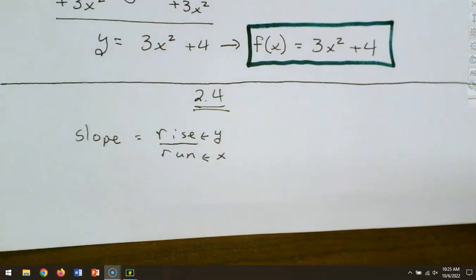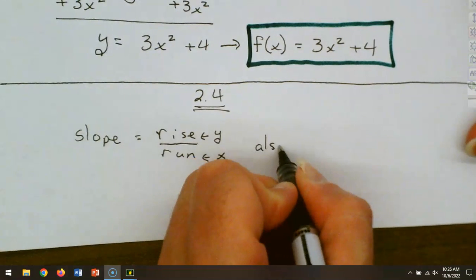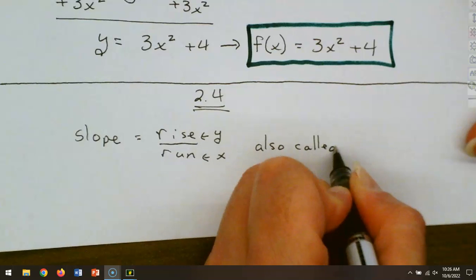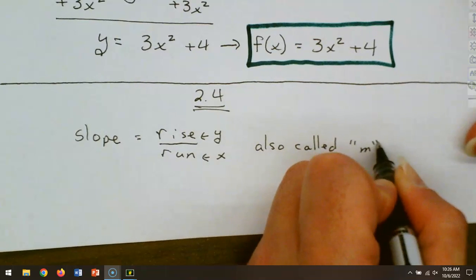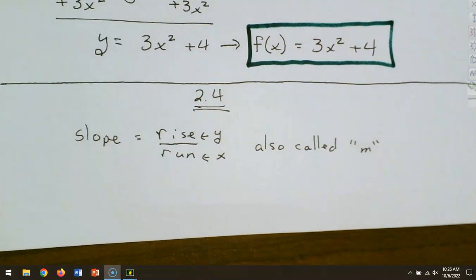Rise over run. That's your slope. It's also called m. So anytime you see a lowercase m, that is going to represent your slope. And slope is always the rise over the run. So that means the y goes on the top, the change in the y, change in the x goes down below. Okay? Rise over run.